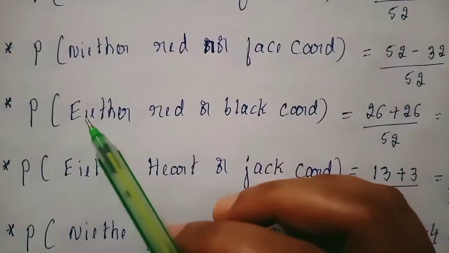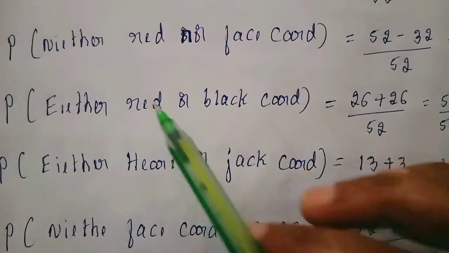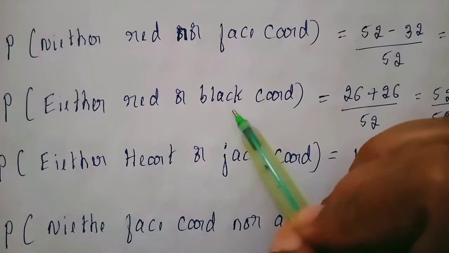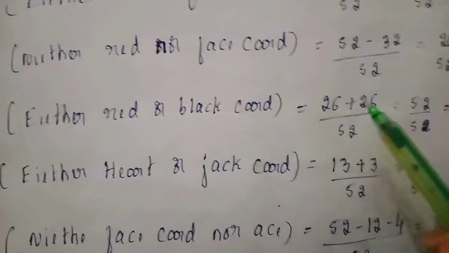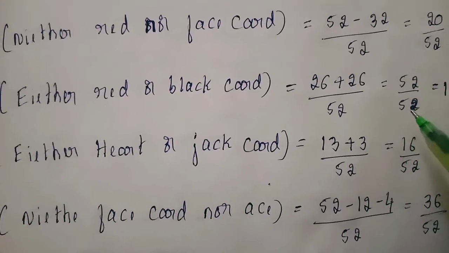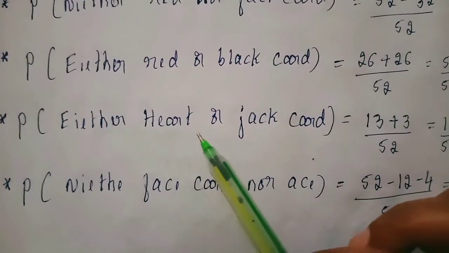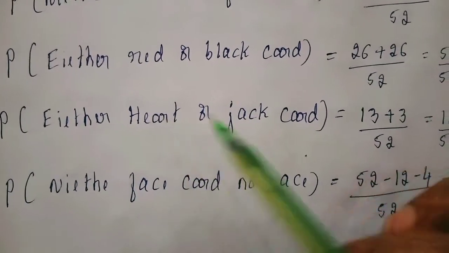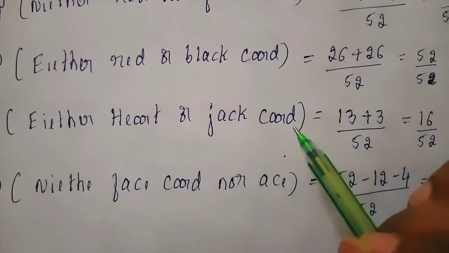Next, probability of either red or black. What is meaning of either red or black? Red you have 26. Black you have 26. And you have no repetition here. All are different. So 26 plus 26, that is 52 by 52. That is 1. Next, either heart or jack. Either heart. Heart cards you have 13. And here I have taken jack card.